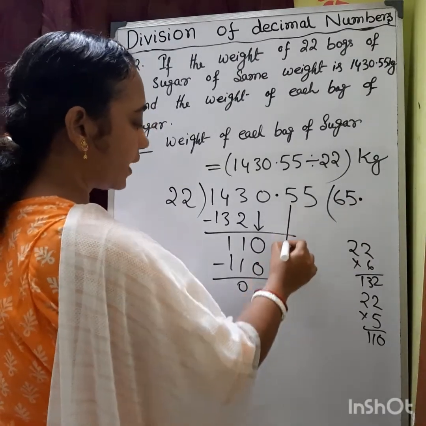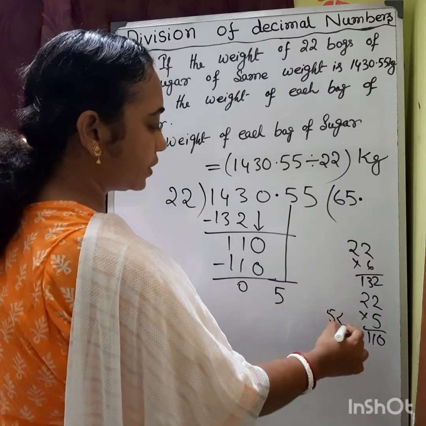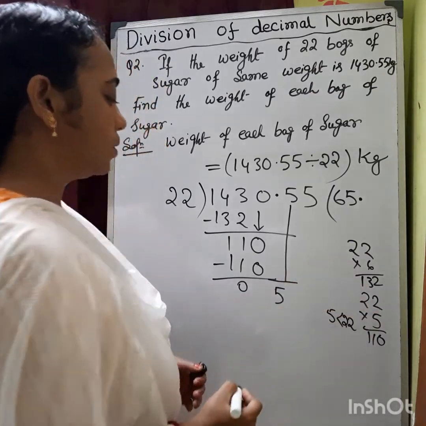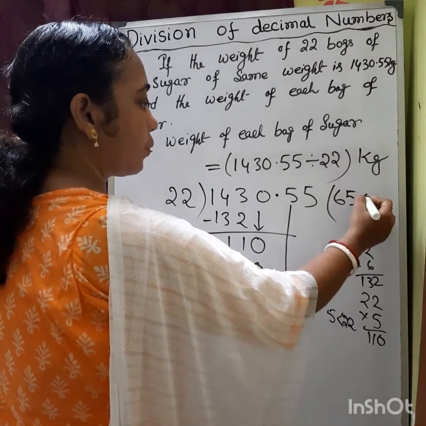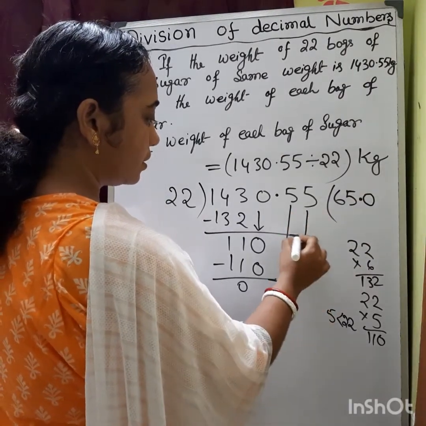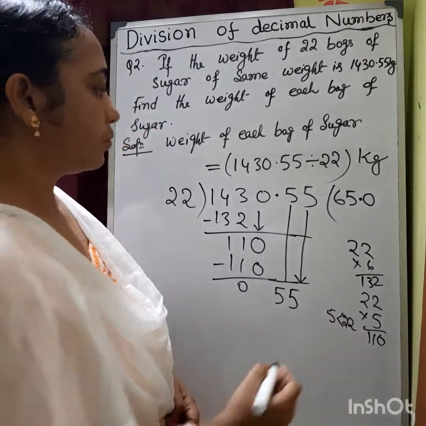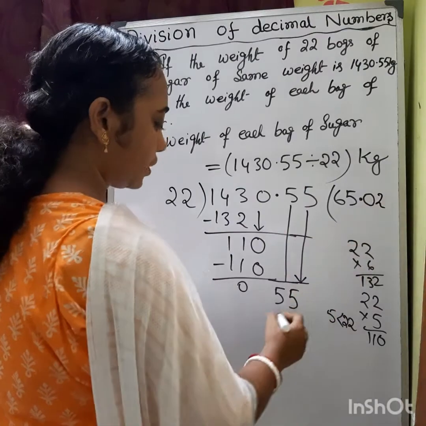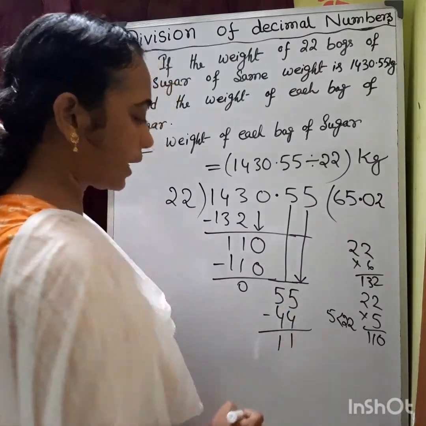Now we bring down the next digit, that is 5, but 5 is less than 22. So we put 0 in the quotient and then we bring down the next digit. Now we know 22 twos are 44. If we subtract them, we get 11 again.